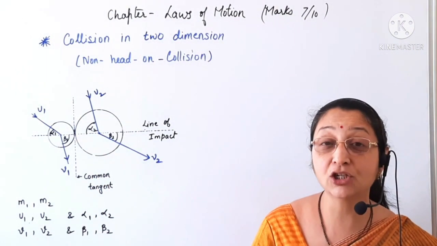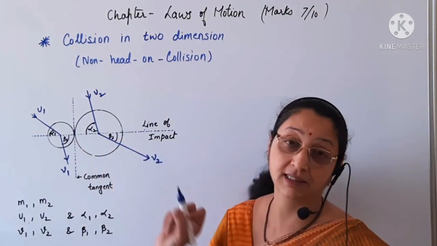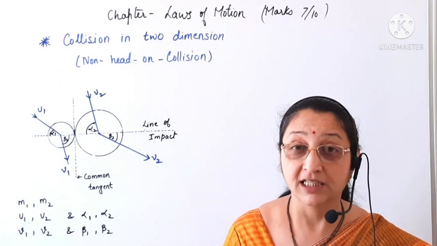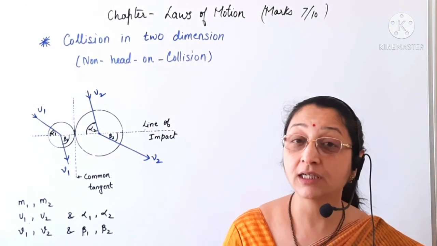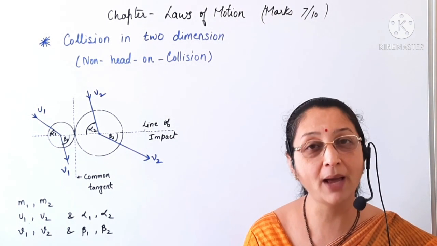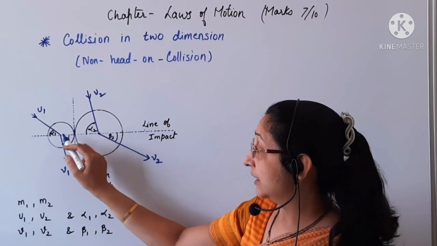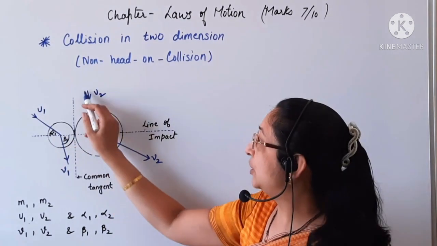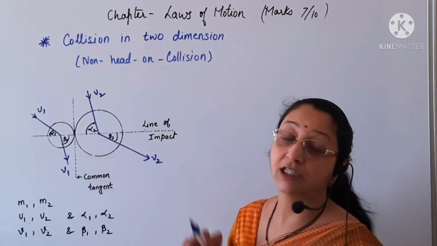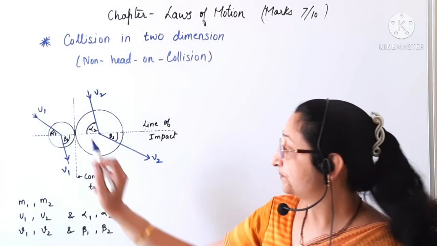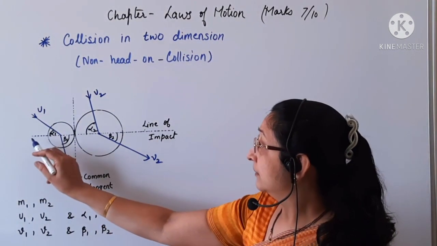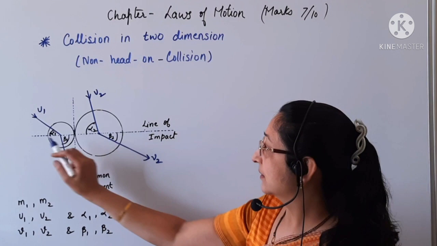That is, the directions of the two bodies are not in the same straight line, hence the collision is a two-dimensional collision. So this is u1, the direction of velocity of m1, and u2, the direction of velocity of mass m2, and this is the line of impact.